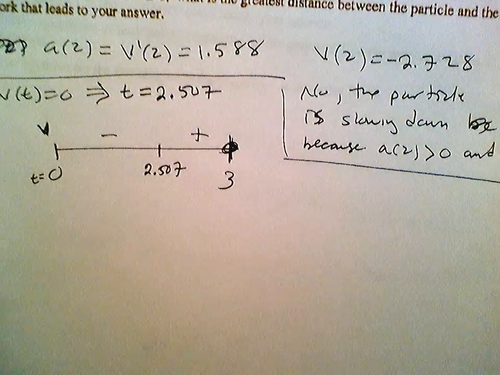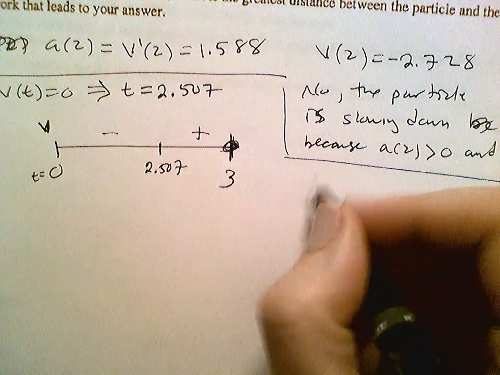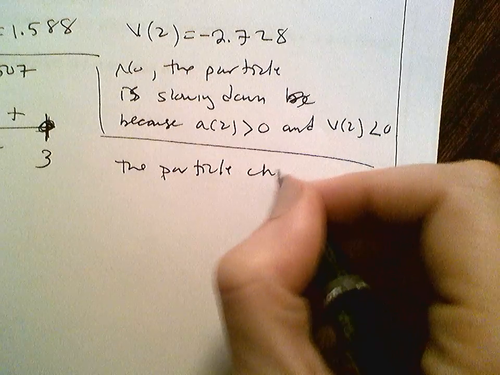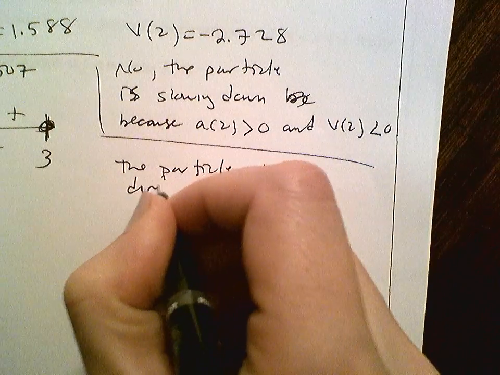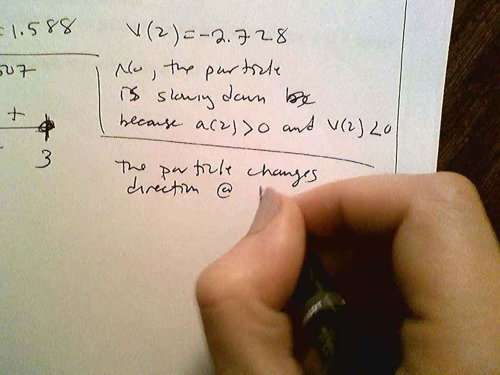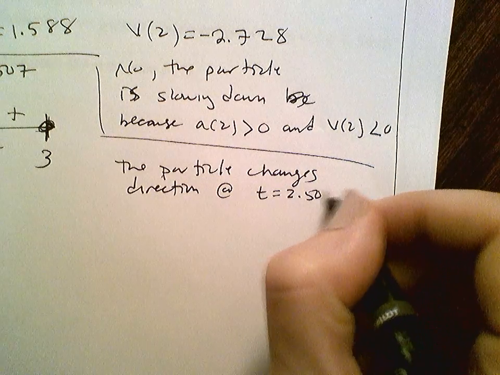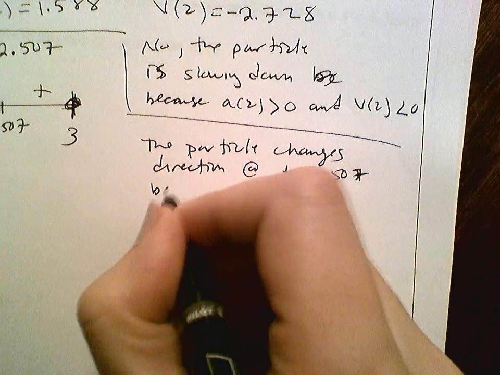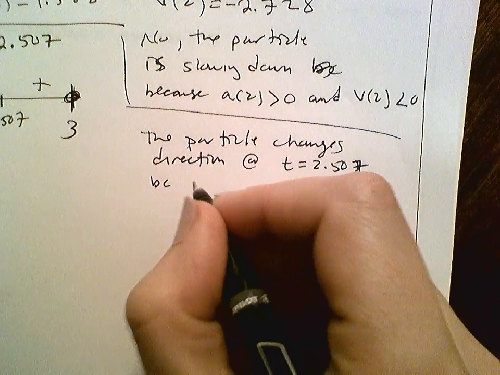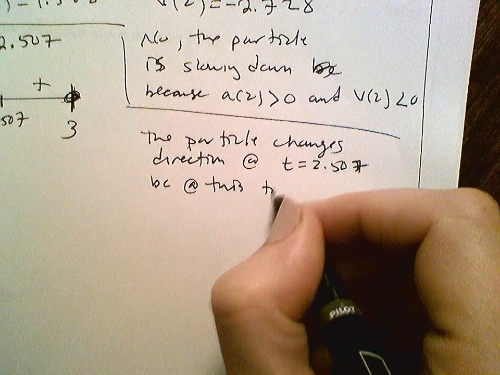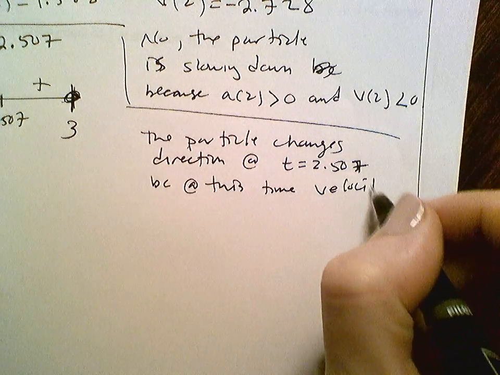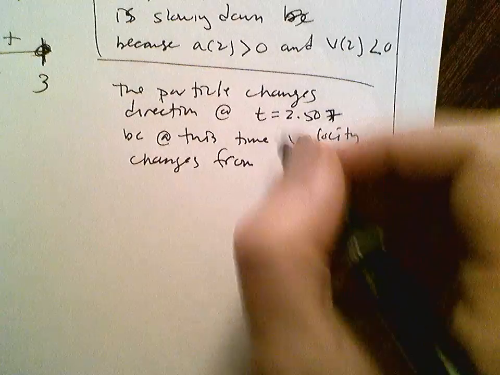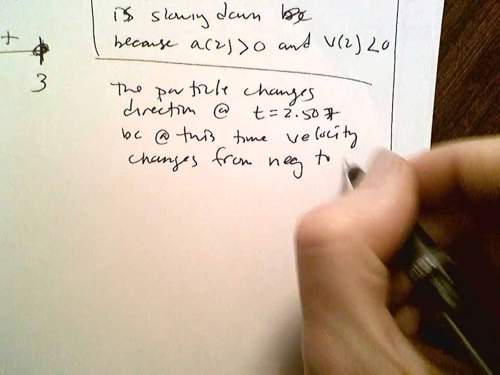All right, so my answer is the particle changes direction at t equals 2.507 because at this time, velocity changes from negative to positive.